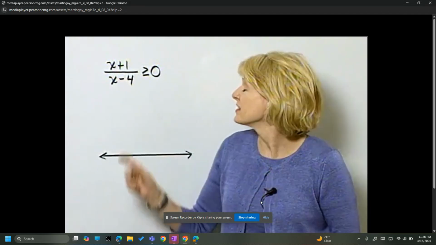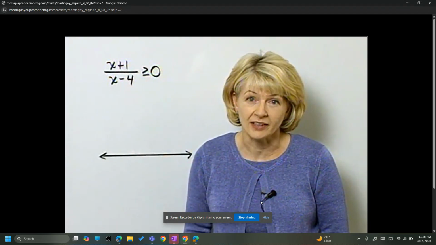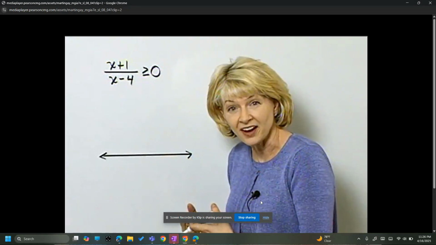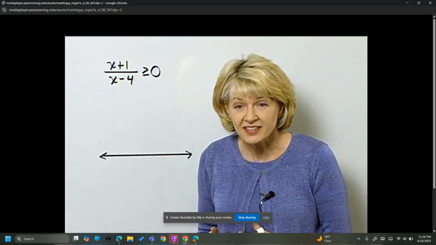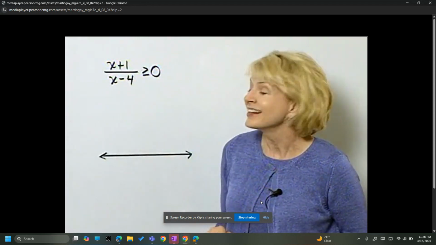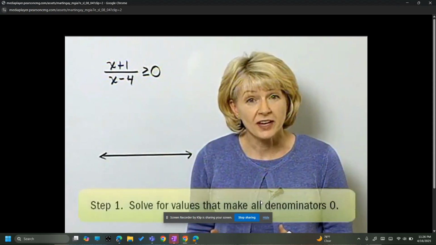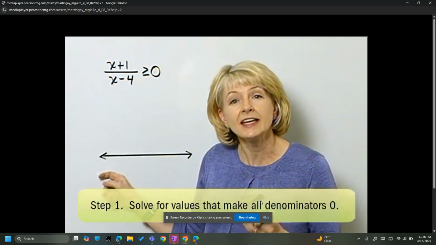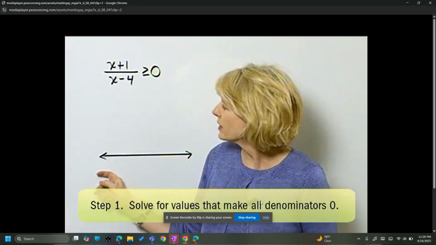So notice this is an inequality and it's a rational inequality. One of the most important things is to be able to identify rational inequalities. Now that we've identified this as a rational inequality, let's solve it. Remember our first step, to include on this number line any numbers that make the denominator 0.